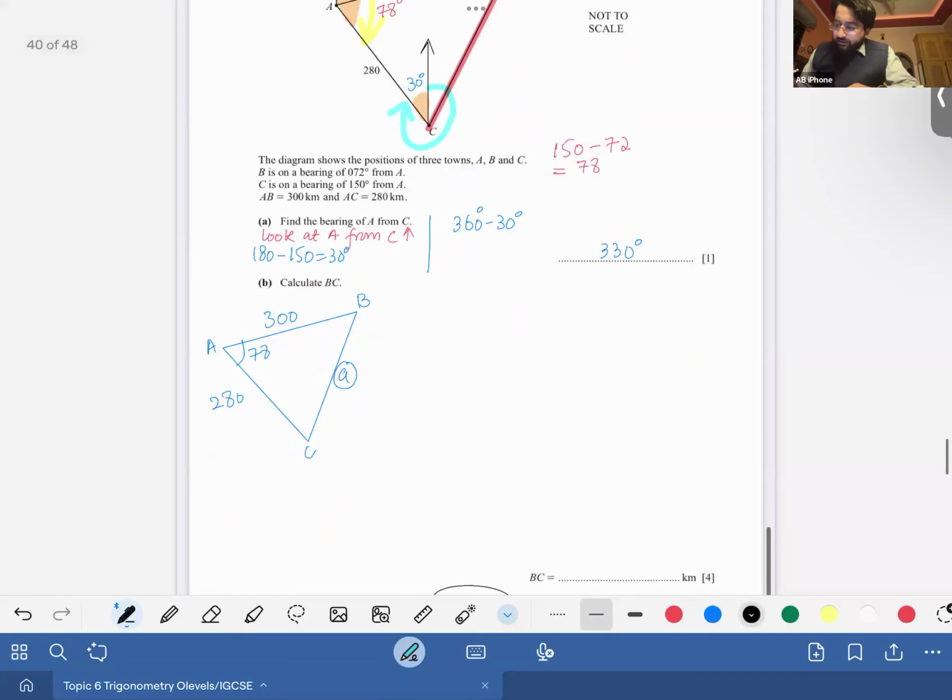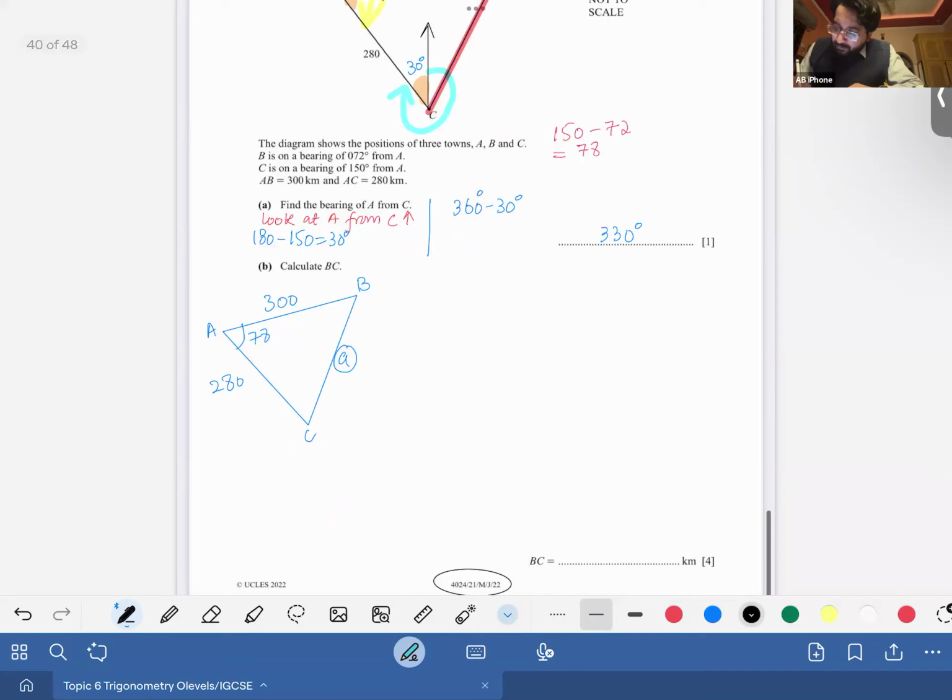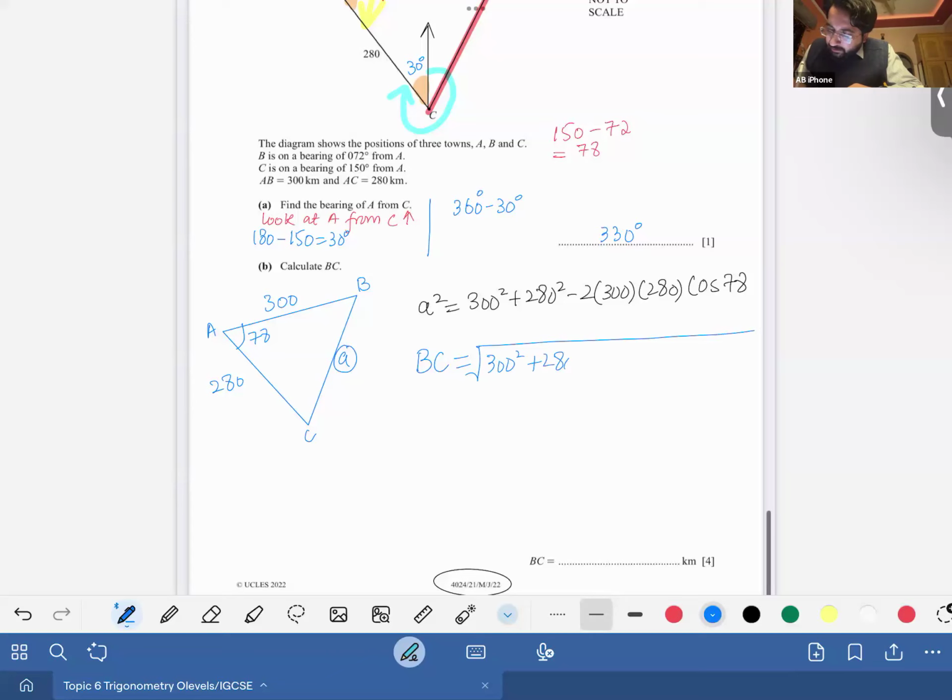It is clear that it's the cosine rule for small a. So a square equals 300 square plus 280 square minus 2 into 300 into 280 cos 78, and small a means BC, which equals the square root of the right side: 300 square plus 280 square minus 2 into 300 into 280 into cos 78.